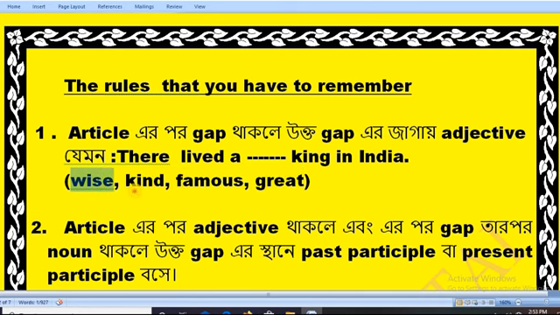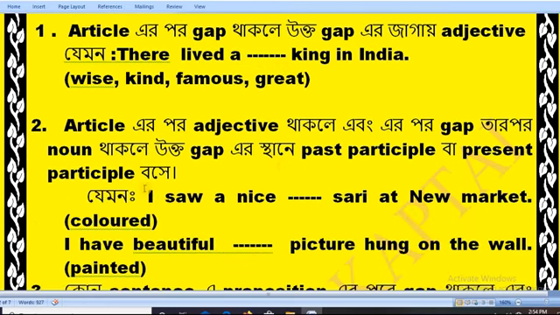These are all correct answers. If you think of another adjective, that can also be correct. In a word, after an article, you will use an adjective. That is the rule.